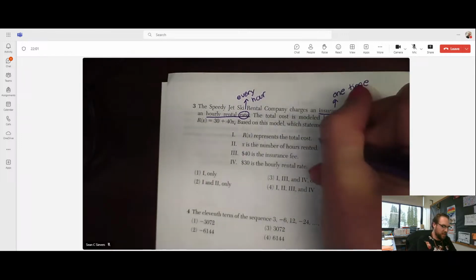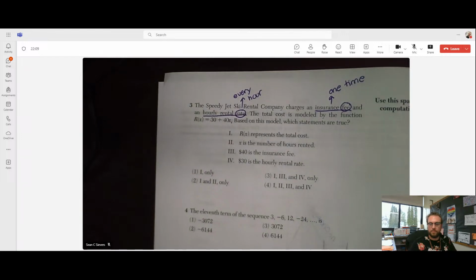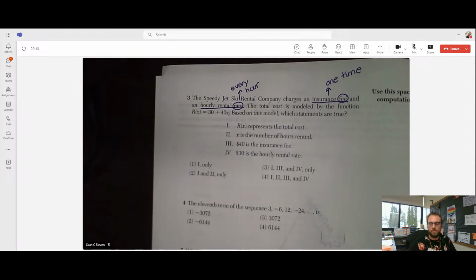Which of these statements are true? It's okay to take an educated guess if you are unsure.